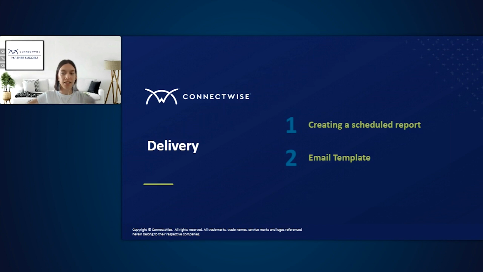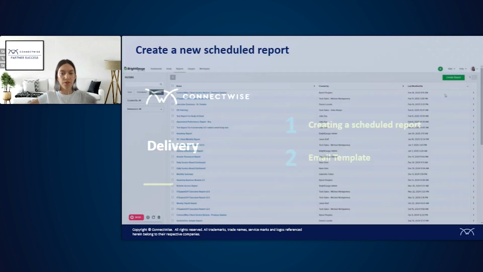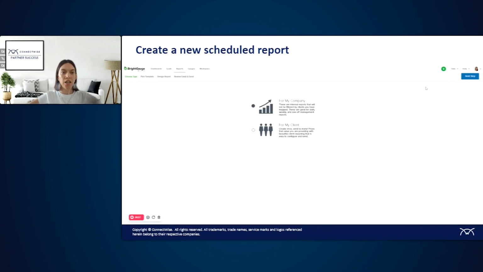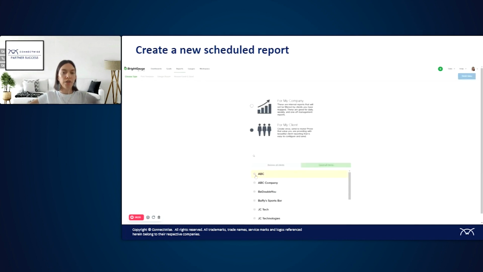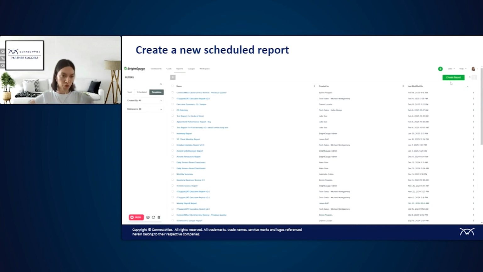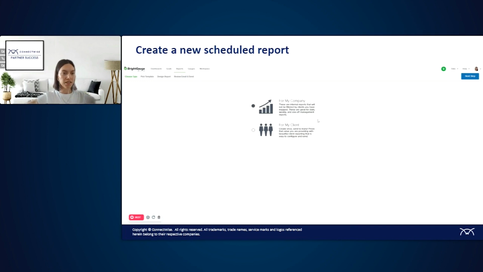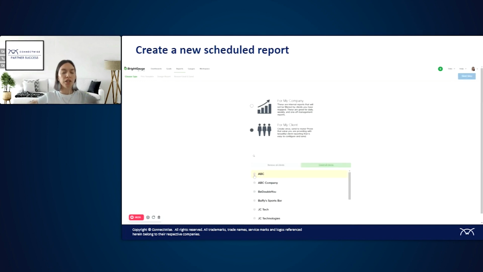Okay, so let's now go through the actual delivery of a report. We have some options. We can create a scheduled report. We can easily send reports ad hoc as well. So let's go through that. If you wanted to create a new scheduled report, this short video here is going to run in a loop. So essentially what we're doing is we're going to our report section.